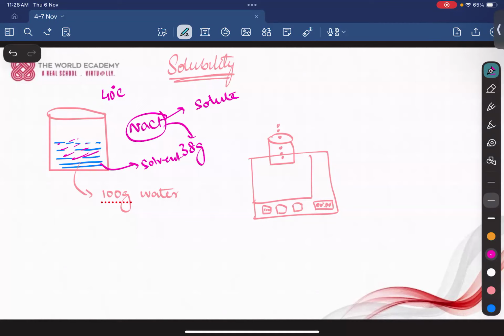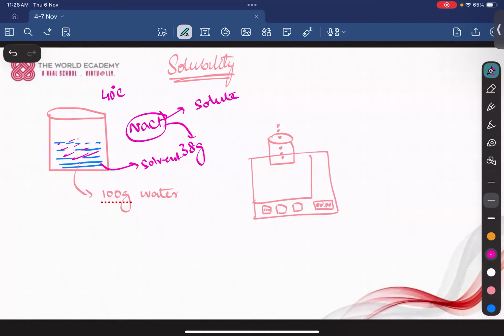Please follow with me, and if you have any question, you can ask. A solution is formed when a solid known as solute dissolves in a liquid known as a solvent. See these two lines. Any question? Do you want me to repeat these lines?